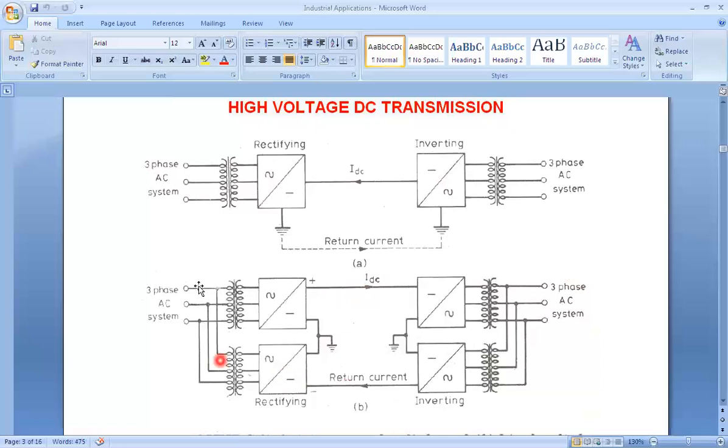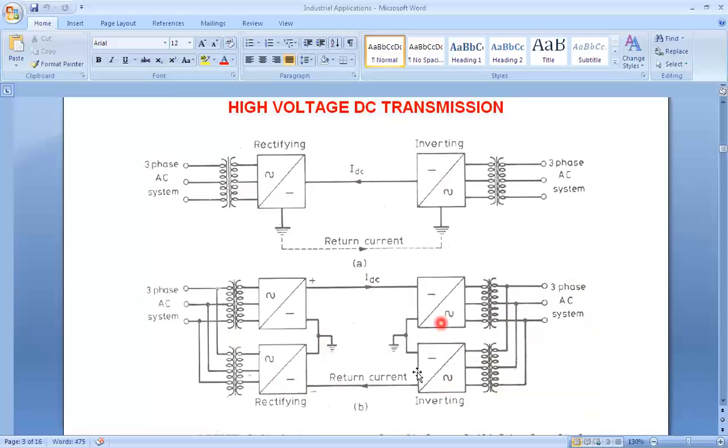Then the current flows from the three-phase AC supply to the rectifier, to this line, to the inverter, to the load. But the return path is not through the upper wire, it is through earth only. So the flow of current in this case would be from here to the rectifier to ground, and this is the return.